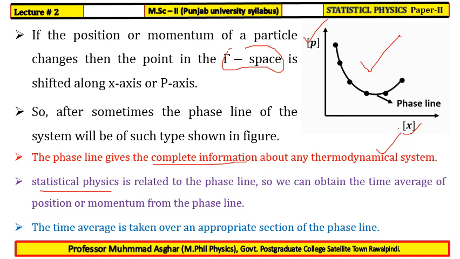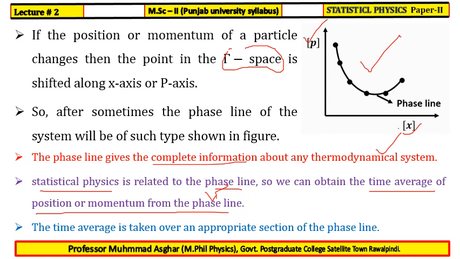Statistical physics is related to the phase line. So it helps us to obtain the time average of the position and momentum from the phase line. It is very important that we get the time average of position and momentum because it is changing with respect to time.